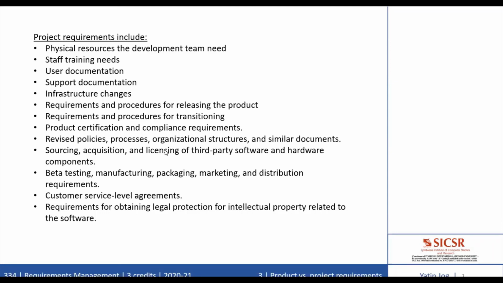So all these things are part of the project requirements. It also includes one important thing: requirements for obtaining legal protection, like patents, trademarks, or copyrights in the case of intellectual property, or data which is very sensitive to the organization related to the software. That can also be part of your project requirements.